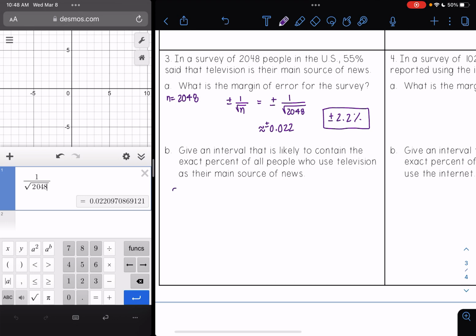So 55% minus 2.2%, and I get 52.8%. Then I'm also going to add it, and I get 57.2%. So it's likely to be between 52.8% and 57.2%.